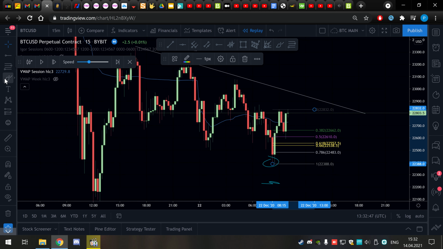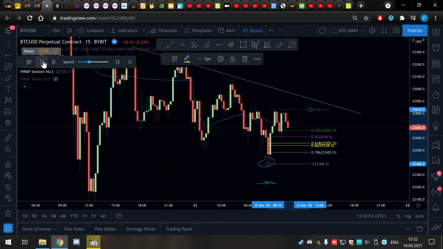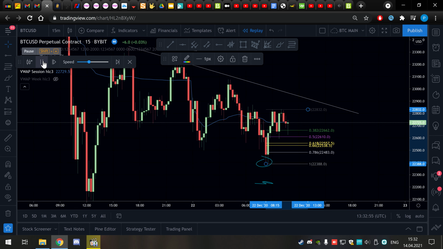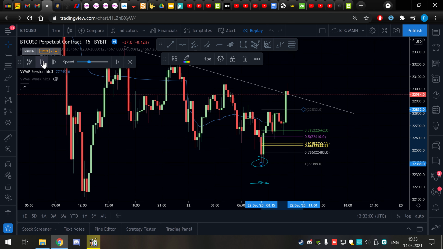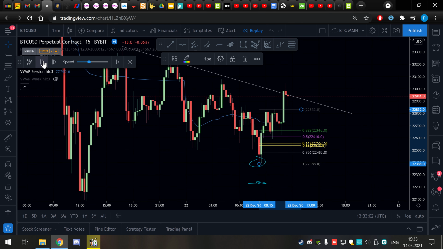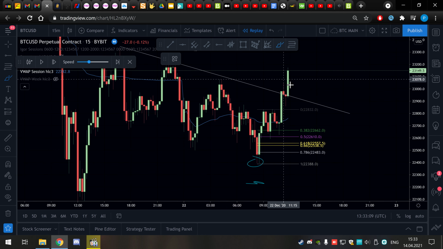We can go up. Yes, that's what we want to see. Okay, so market structure is slowly changing now. So you are staying in position, right? Great. Okay, so you should take profit here.